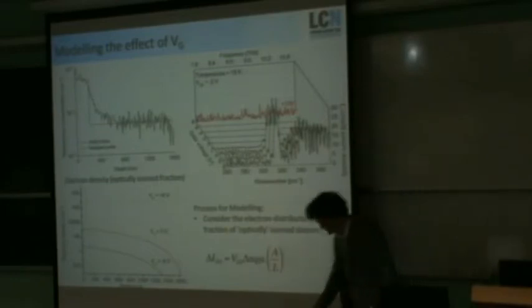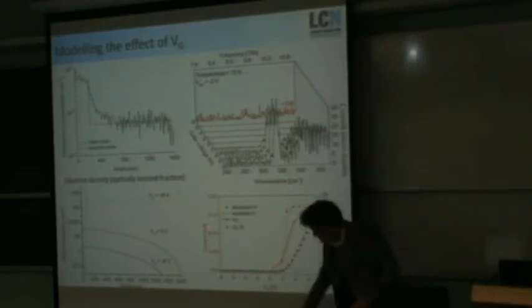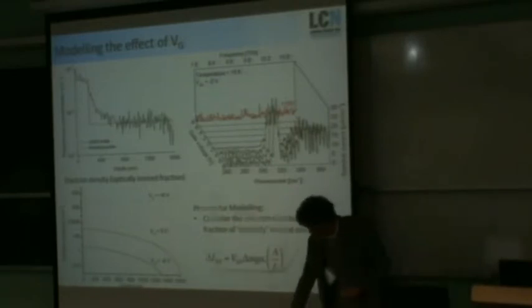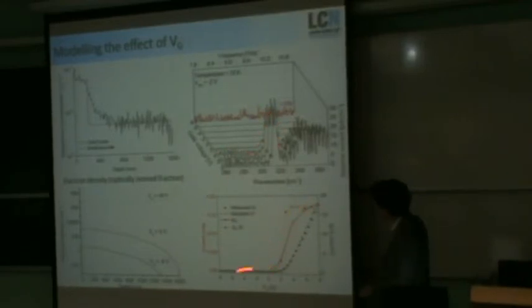Just by simply integrating this curve and using the simple transport equation here, very simple stuff, you can actually fit moderately well the actual optical response, or the intensity detected, as a function of backgate bias.